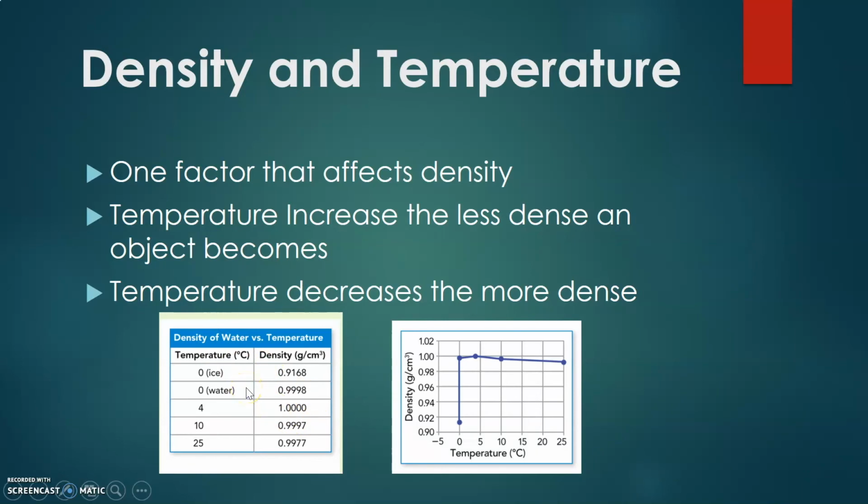Temperature affects it as well, but do you notice a difference between these two things? If not, think of it, water is a liquid, ice is a solid. So there is a little difference when the water changes from the liquid form to the solid form. And that's what affects this density here.